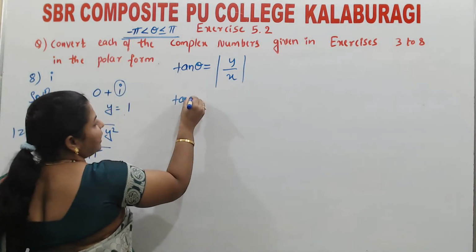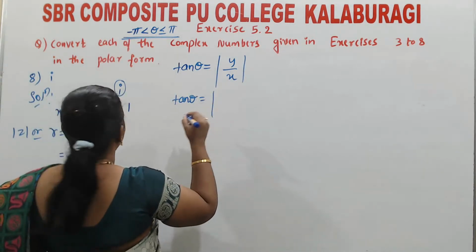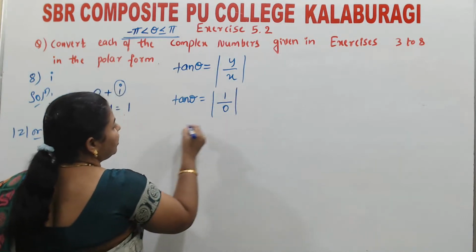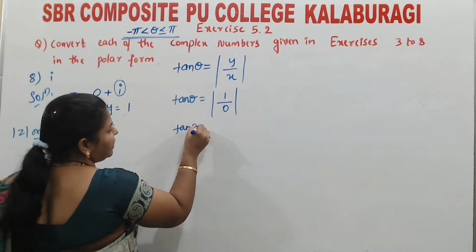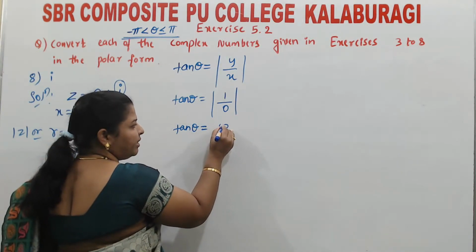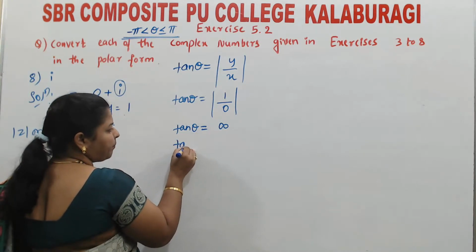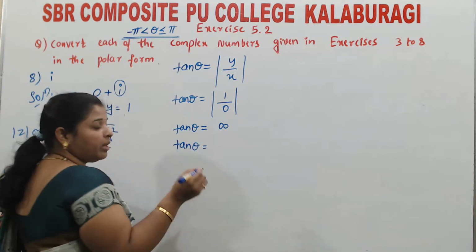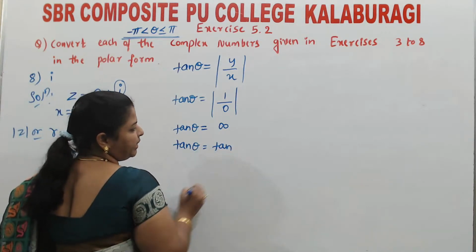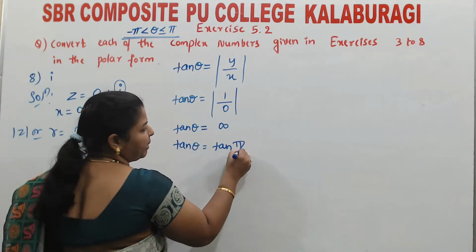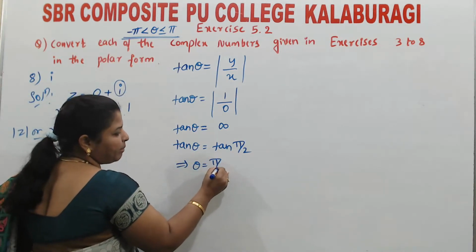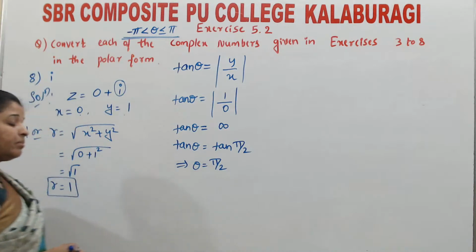Y is 1 divided by x is 0. Tan theta is anything divided by 0, which is not defined, that is infinity. In which angle is the tan value infinity? Tan 90 degree, that is tan pi by 2. This implies that theta is equal to pi by 2, right?